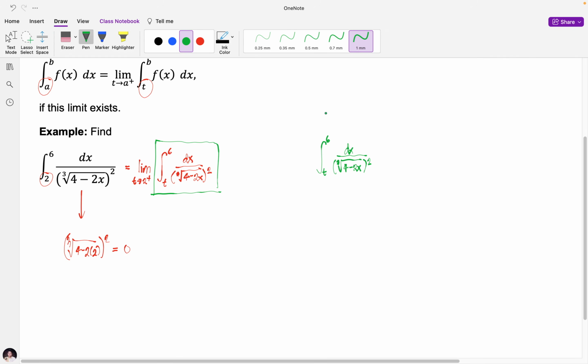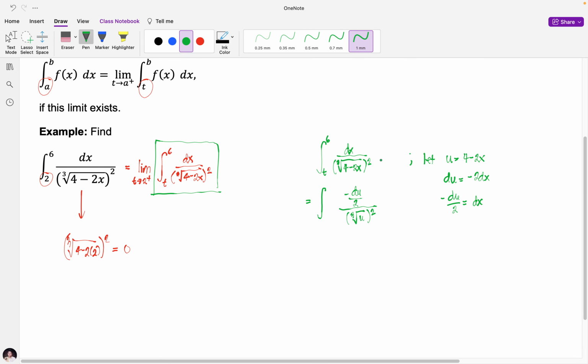We let u be equal to 4 minus 2x. From that, we have du equals negative 2 dx, which means negative du over 2 is equal to dx. So the integral becomes negative du over 2, all over the cube root of u raised to 2.